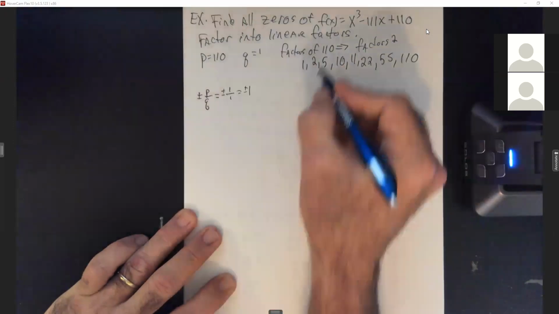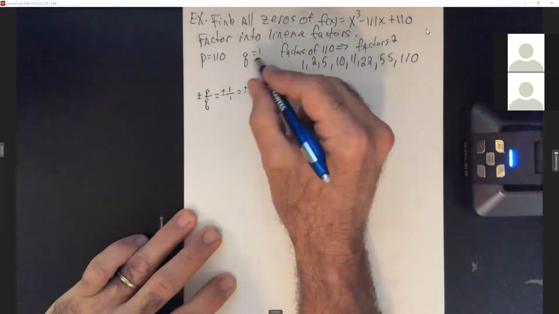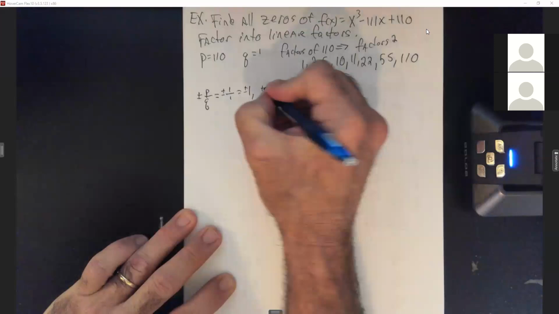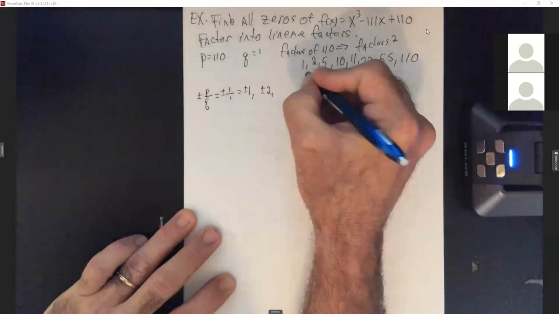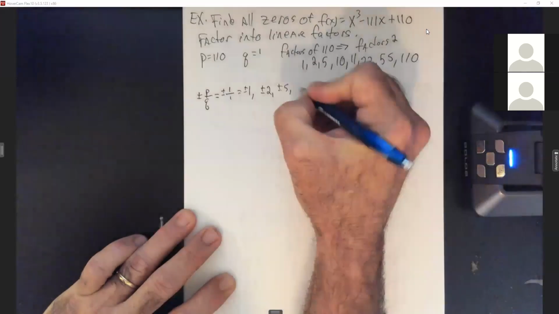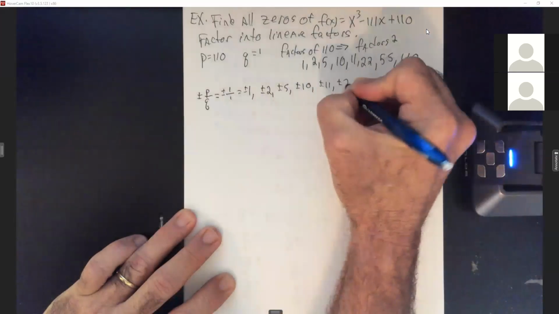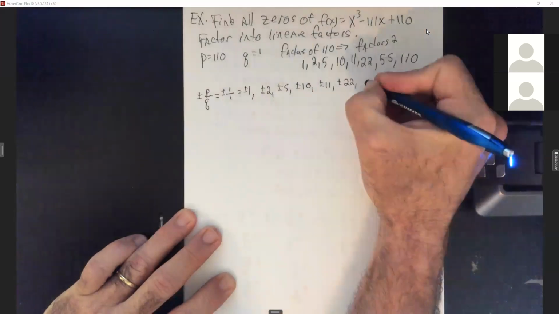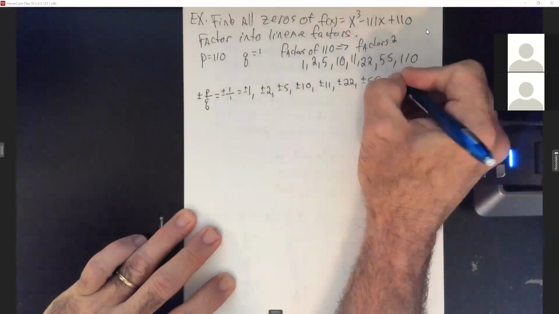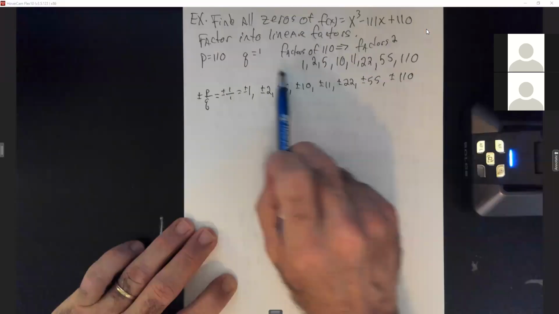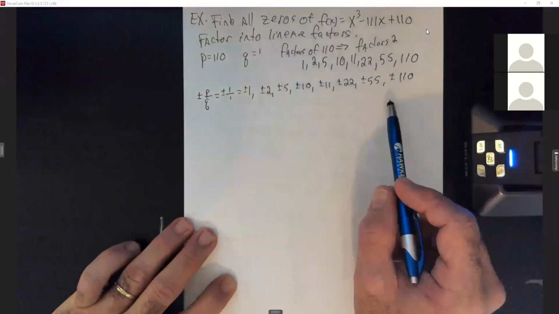Since all these are being divided by 1, I'm just going to cut to the chase so that my factors could be plus or minus 2, plus or minus 5, plus or minus 10, plus or minus 11, plus or minus 22, plus or minus 55, and then plus or minus 110. And that's because the first number is a 1, and that 1's not changing any of these numbers, okay?